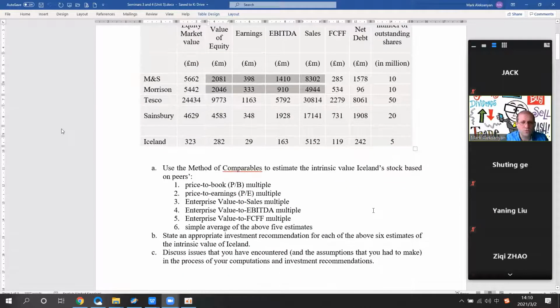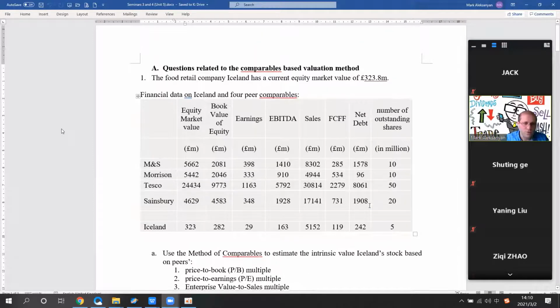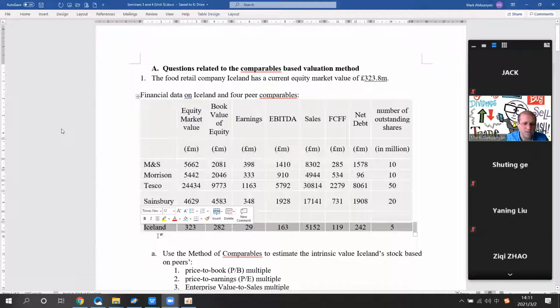So what we need to do, required, is to use the method of comparables to estimate the intrinsic value. Now, if you recall, under the method of comparables, there are a number of ways you can estimate the intrinsic value or the relative valuation of your target company. Our target company, or the company of interest rather than target, is Iceland.